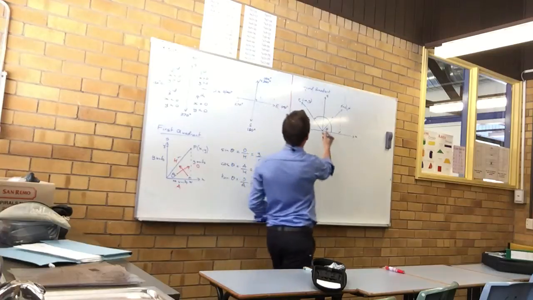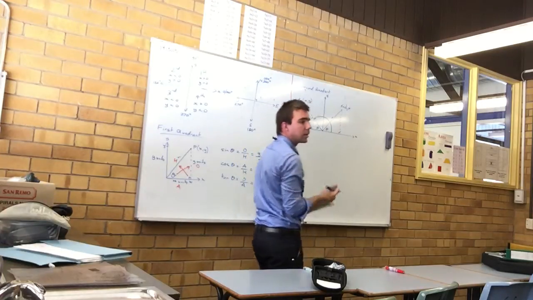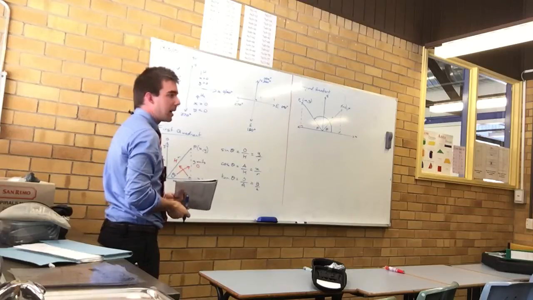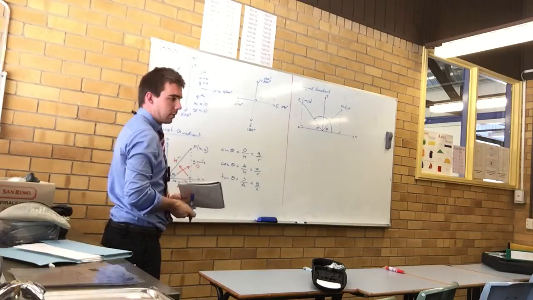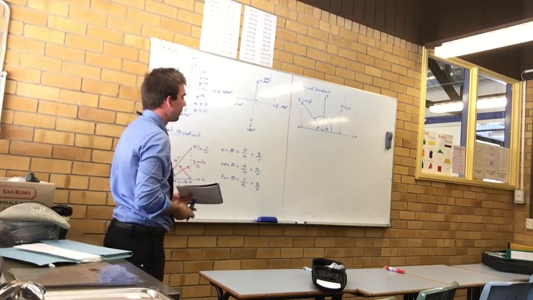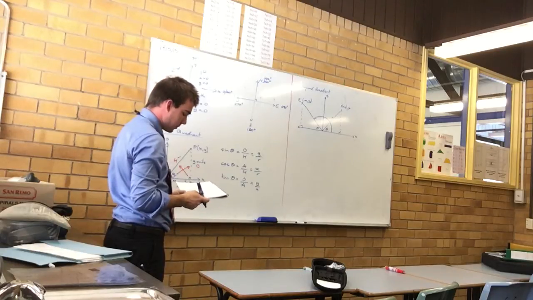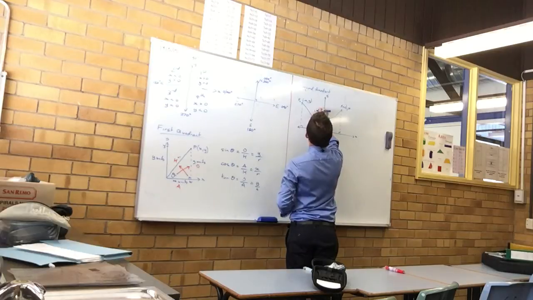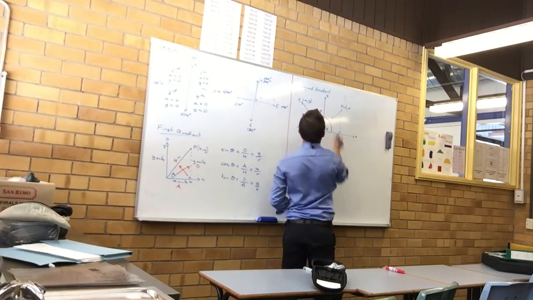We're going to keep that theta the same, so the magnitude stays the same for x and y, but the sign is different. So this angle here is going to be 180 take away theta.